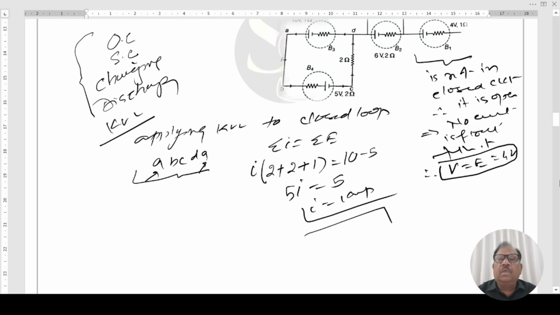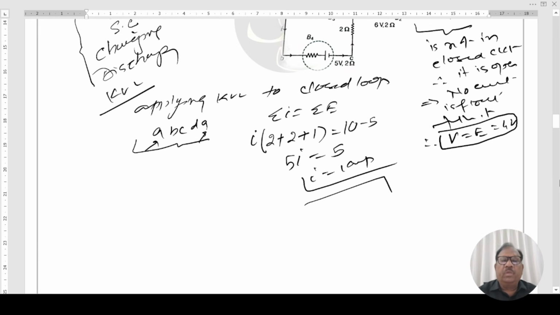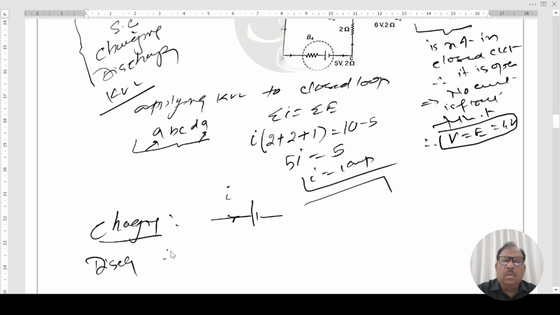Now check the case of charging or discharging. Charging when the battery sign is like this. This is the case of charging. Current is fed into the battery. Discharging is when current is being drawn from the battery.